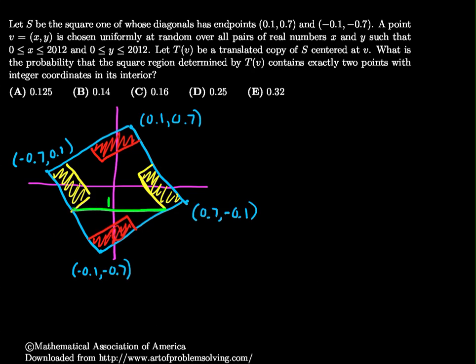So if I'm right here and go 1 unit to the right, you can see I'm still within my blue square. So if I hit an integer coordinate in this area, then I'll get another one in this area. And a similar argument holds for this with the vertical distance being 1.